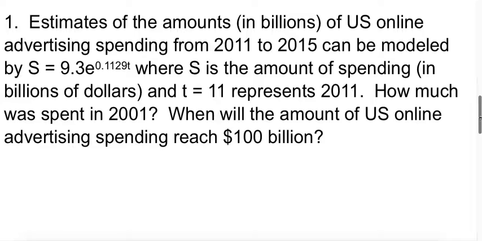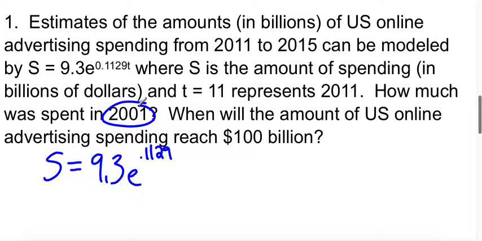Okay, so let's answer the first question. How much was spent in 2001? We're looking for S, the spending. And we have 9.3 e to the 0.1129t. If we're looking for 2001, that is t equals 1. So we're just going to plug in 1 here, times 1.